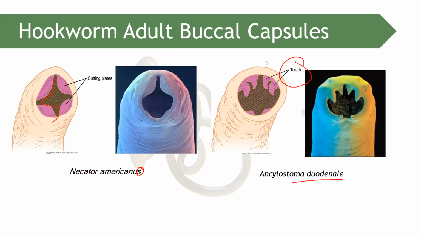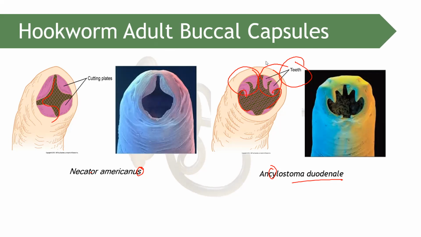Si Ancylostoma duodenale, meron siyang teeth, letter C. May teeth na letter C si Ancylostoma duodenale. Si Necator americanus ay mayroong cutting plates na kapag tinrace natin, parang S-shape.